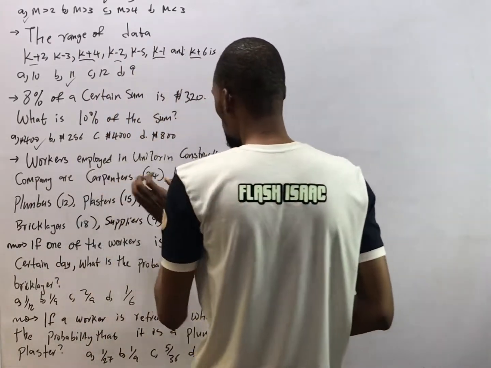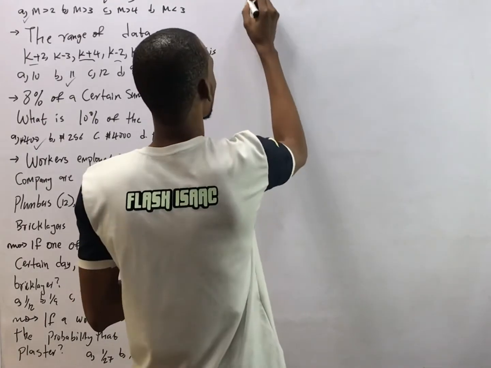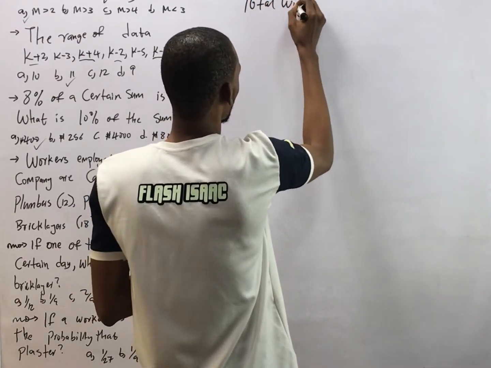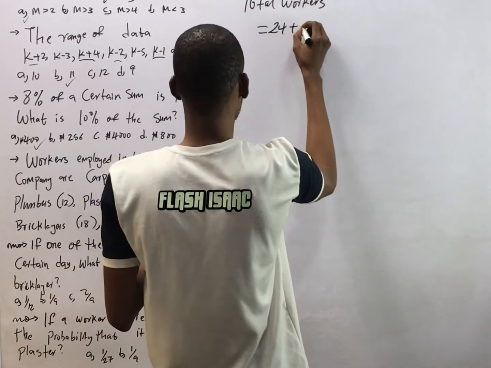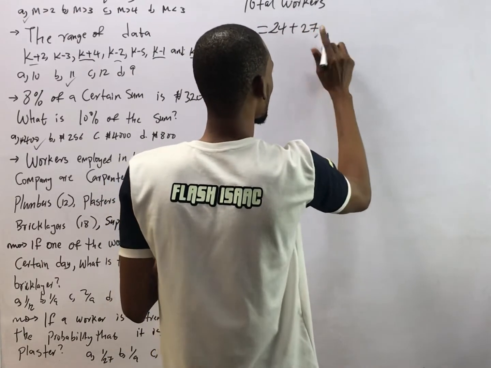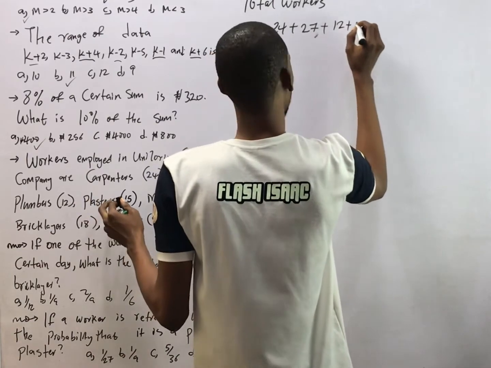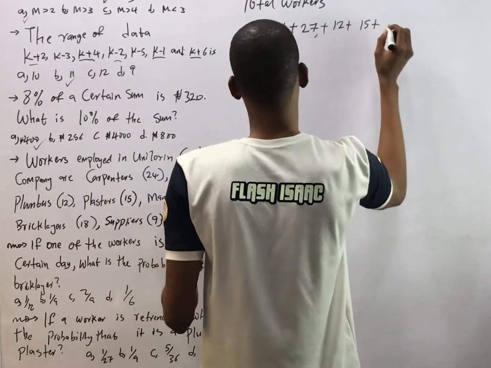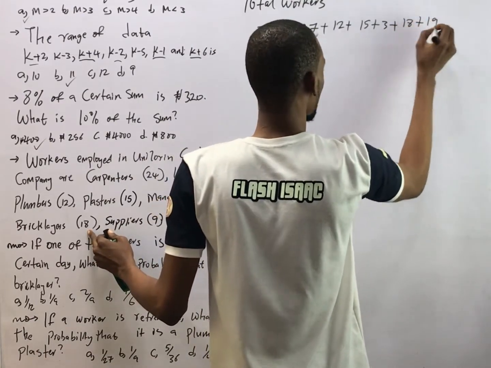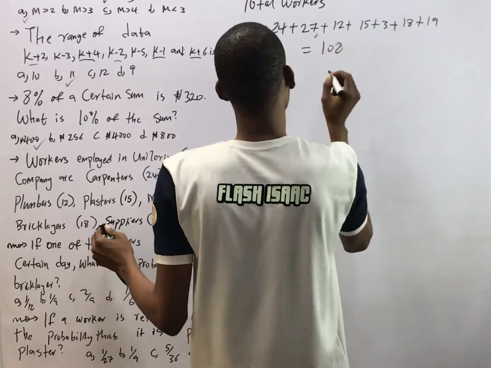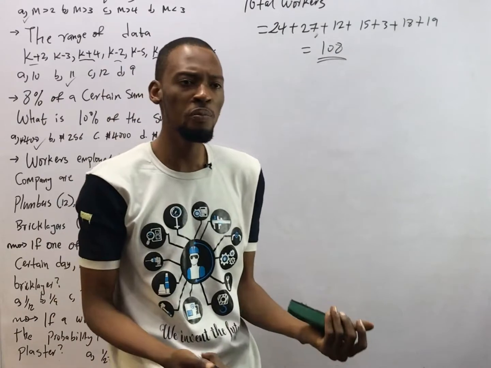So having carpenters 24, laborers 27, and so on, total workers is equal to 24 plus 27 plus 12 plus 15 plus 3 plus 18 plus 9, which will give you 108 workers. So we have 108 workers in the construction company.